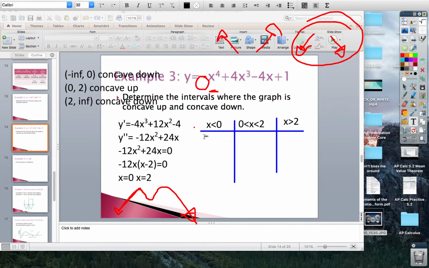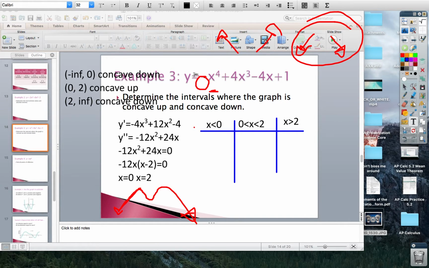If we pick a value of x less than 0, say negative 1, and substitute it in, we're going to get a very different value. So let's do that really quickly with x less than 0. Let's choose negative 1.